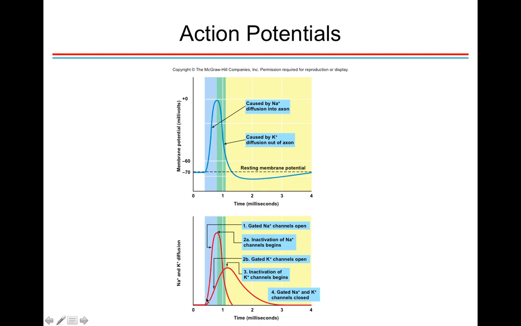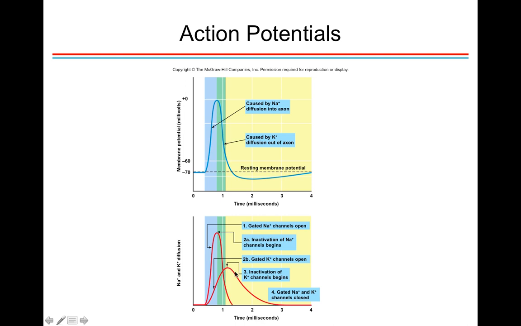What we see happening in the second red line is the potassium levels. So the potassium channels that are voltage gated are going to open. That leads to this peak level of potassium that is leaving the cell. Potassium has left the cell. And then after the potassium has left, the potassium channels will become inactivated.